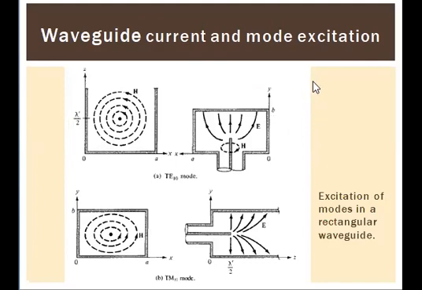In the next lecture, we will discuss circular waveguide: what is a circular waveguide and what are the different parameters, like the previous lectures on rectangular waveguide. That's all for today. Thank you. If you have any query, you can mail me or contact me for any clarification. Thank you.